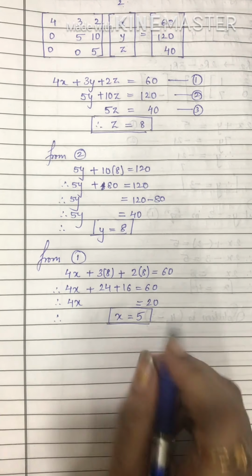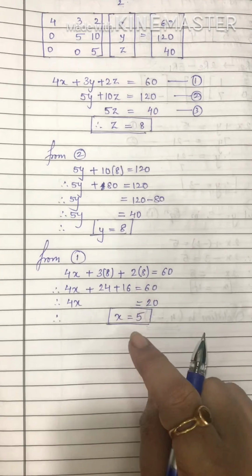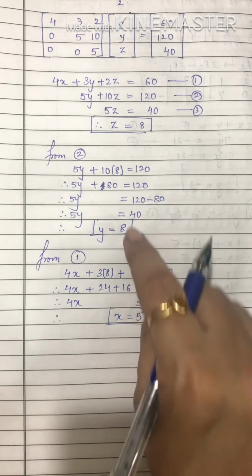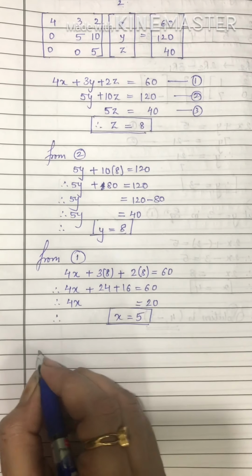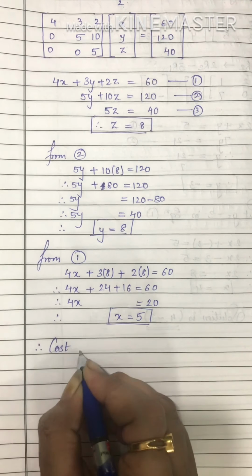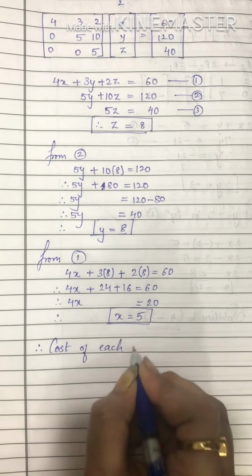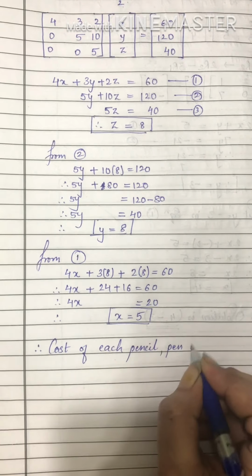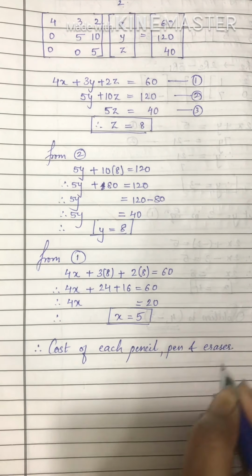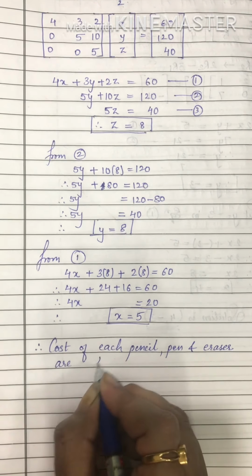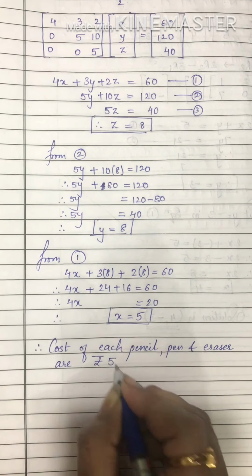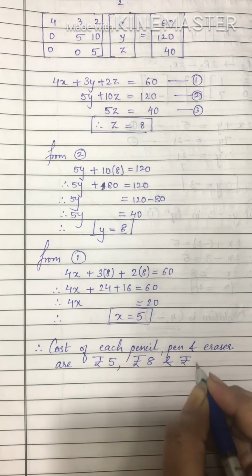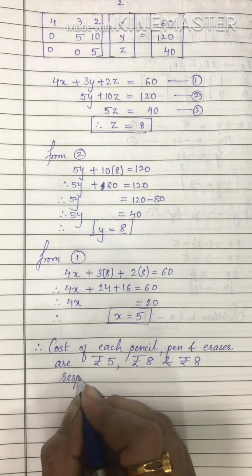Here we got the values of x, y and z, which are the variables we selected in the beginning for the cost of each pencil, pen and eraser. So we will write: therefore the cost of each pencil, pen and eraser are rupees 5, rupees 8 and rupees 8 respectively.